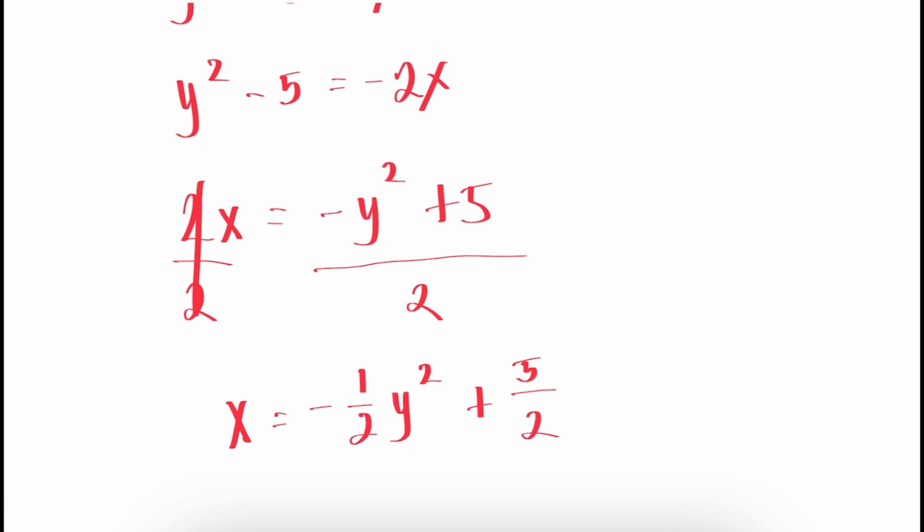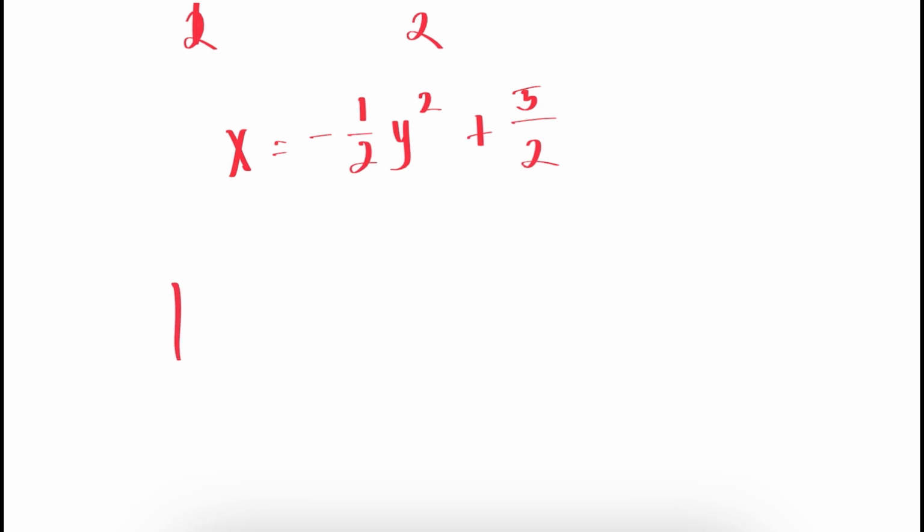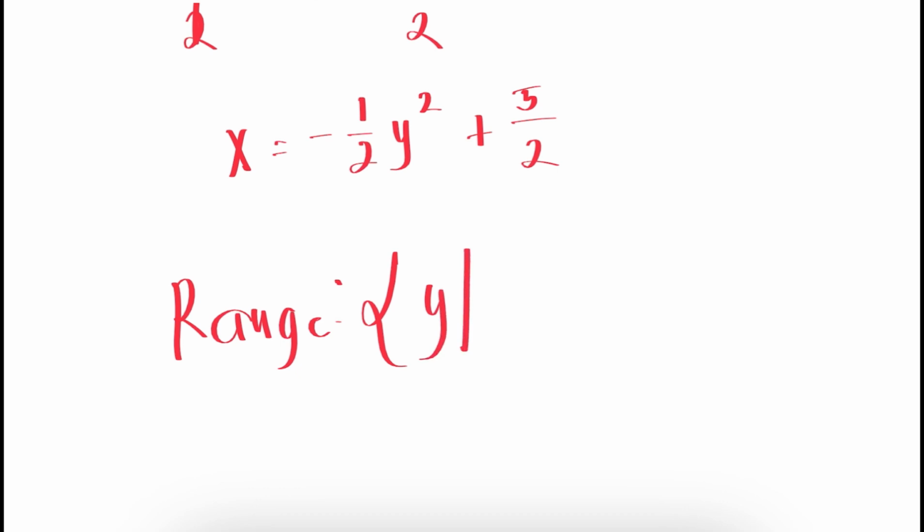Since the equation for x is a polynomial, y can be any real number, right? However, the defining equation is restricted to the values of y that are greater than or equal to 0. And therefore, the range is all values of y such that y is greater than or equal to 0.